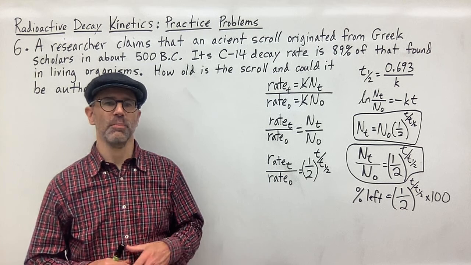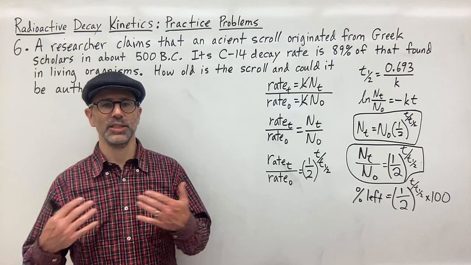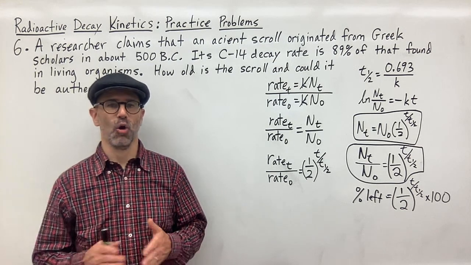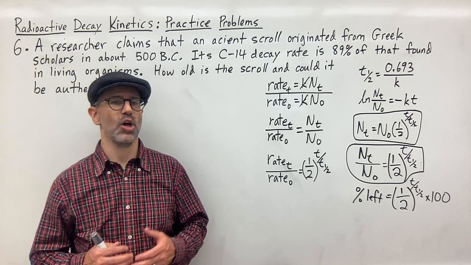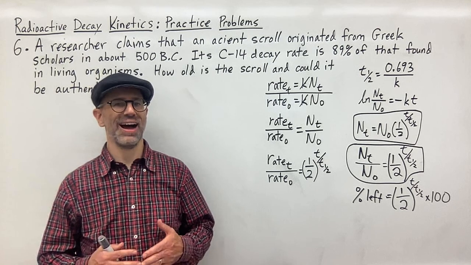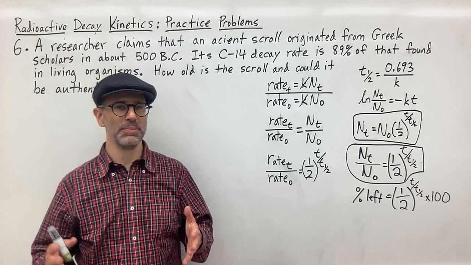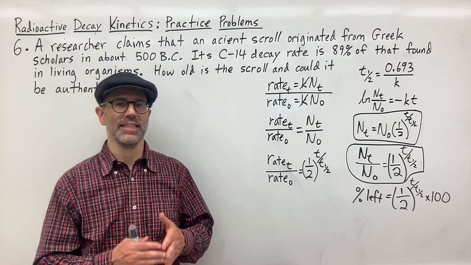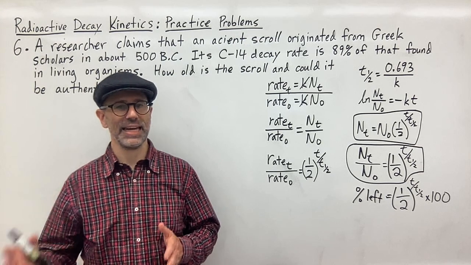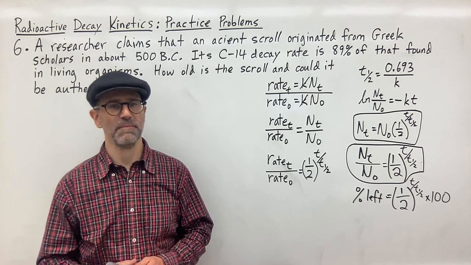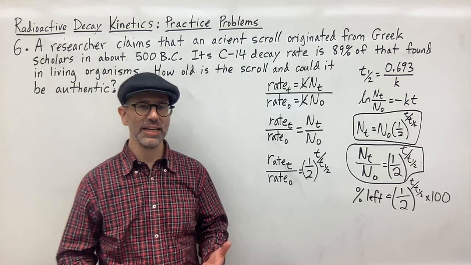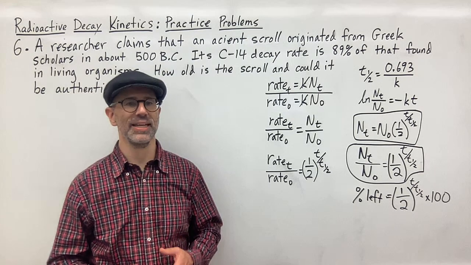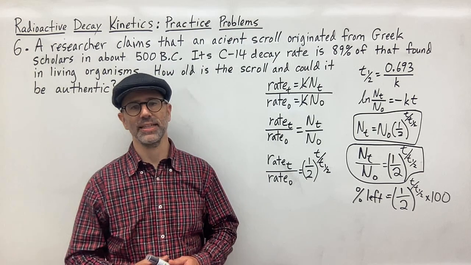So instead of being 100%, it's decreased to 89% over a certain period of time. So our job is to figure out how much time has elapsed to allow for that decrease in 89% for the decay rate. And so we need to figure out how old this scroll is and whether or not it's authentic.